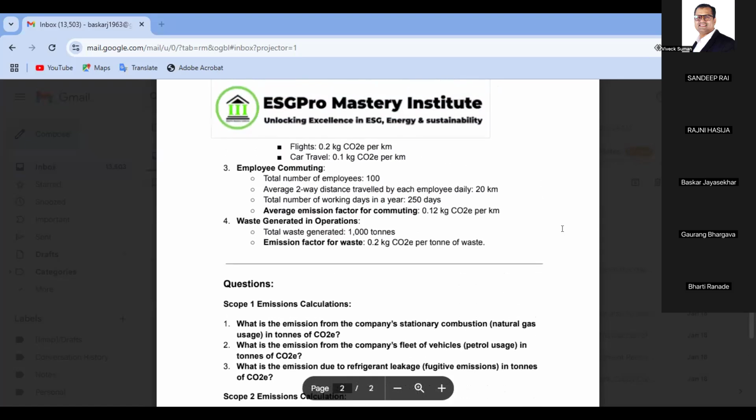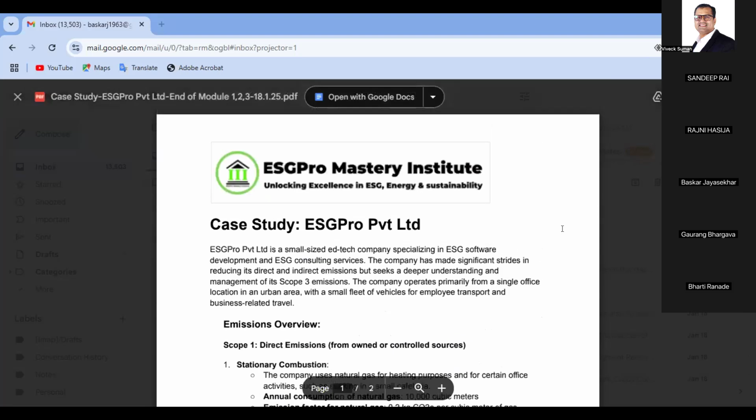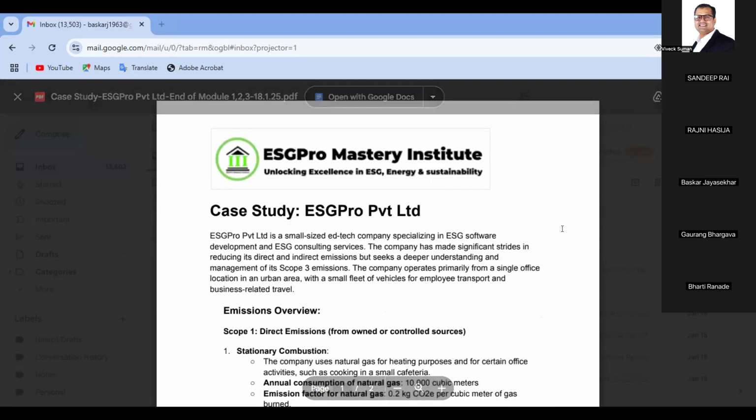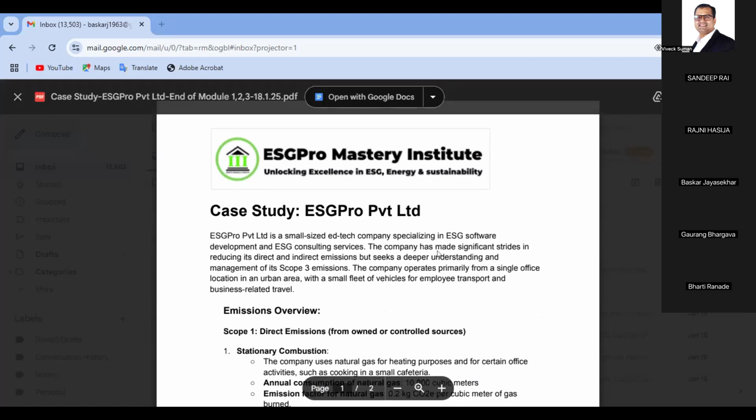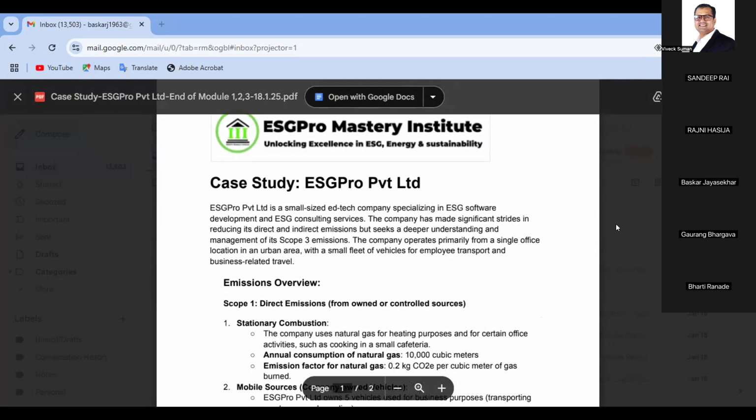Go ahead, Bhaskar ji, just read the case. ESG Pro Private Limited is a small size edtech company specializing in ESG software development and ESG consulting services.